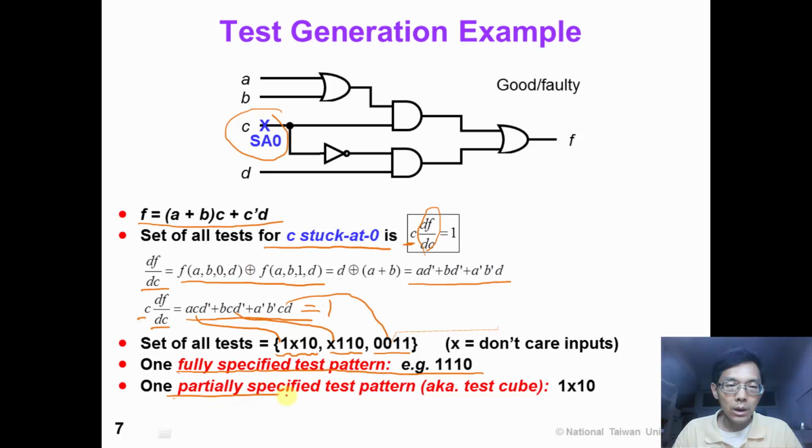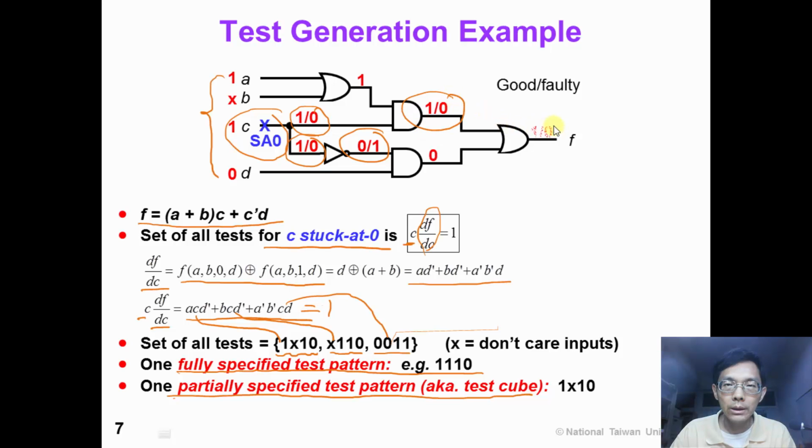If we want a partially specified test cube, we can use 1x10. Let's verify our results. Suppose we apply the test cube 1x10. Then we will get 10 here and 01 here, and we can propagate it all the way to the output, so we can detect the fault.